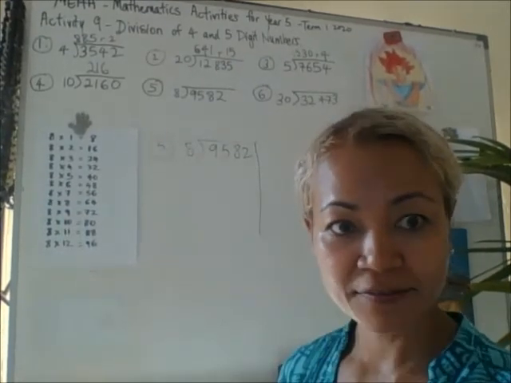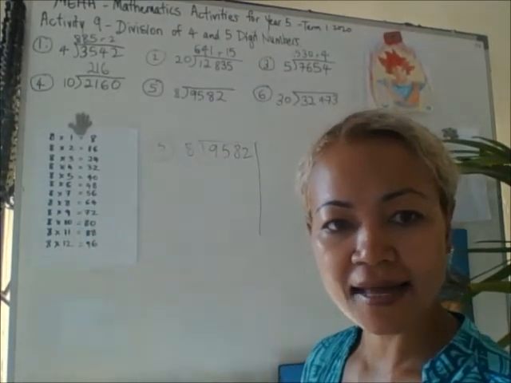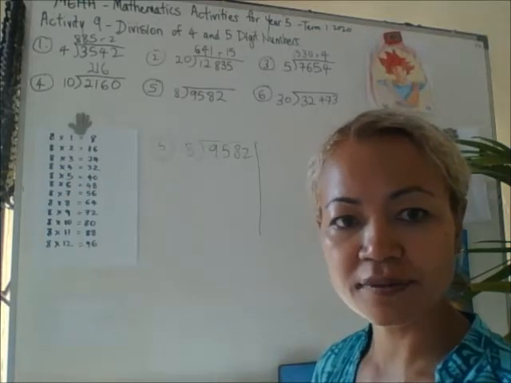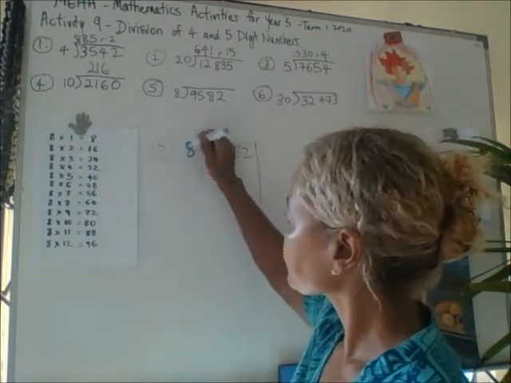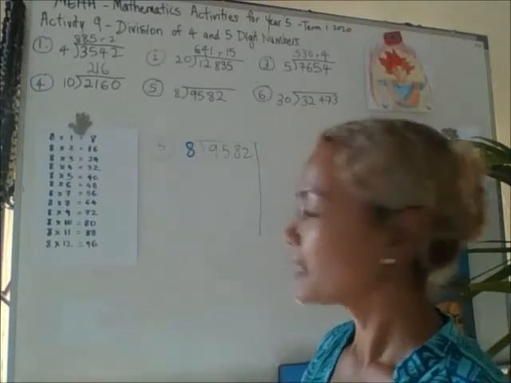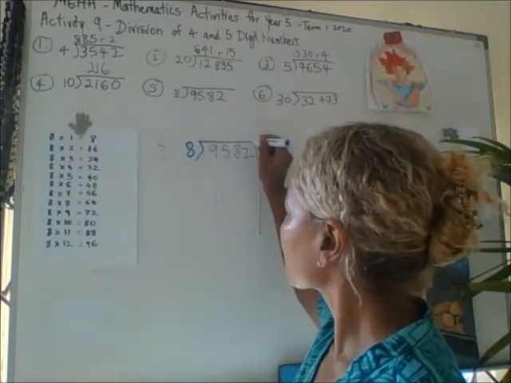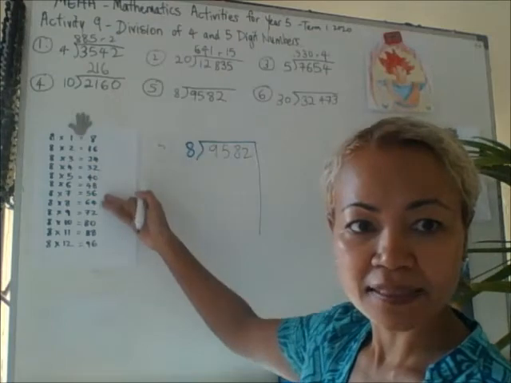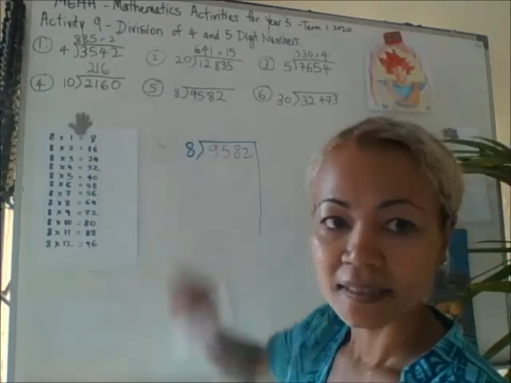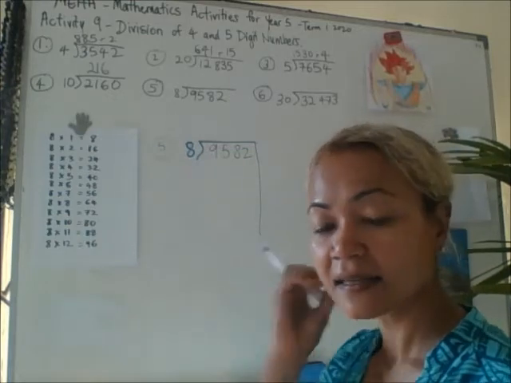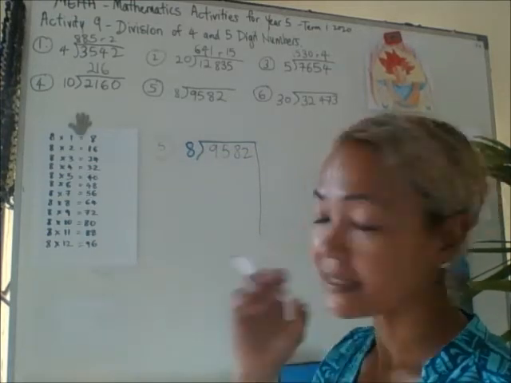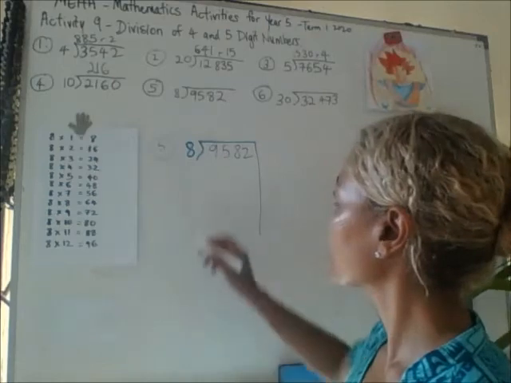Okay, on to number 5. And the problem is 9,582 divided by 8, which I've written up here. Okay. Now, I've also put up the 8 times table here, just to help speed the getting at the answer along and help us identify exactly why we choose certain numbers.